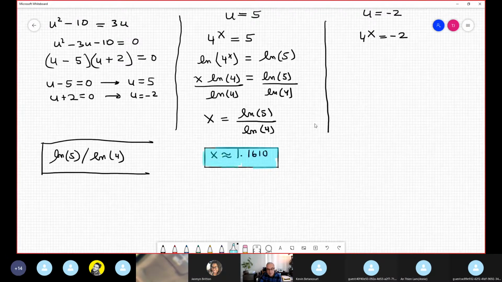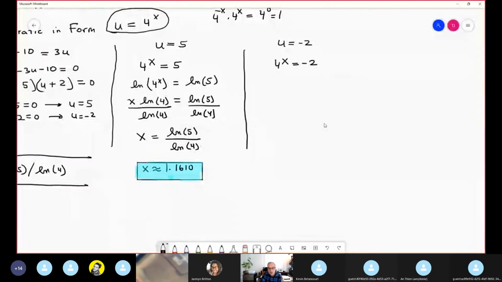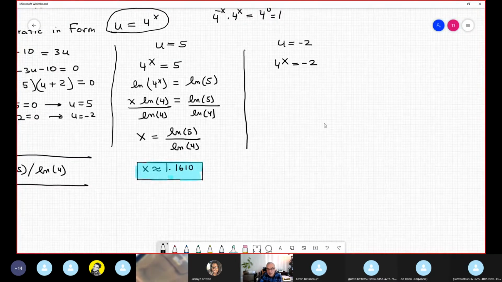Let's see the second solution. Oh, the second solution, something's wrong. Something is wrong, because I know very well that an exponential function is never equal to a negative number. I remember quickly, the exponential function looks like that.